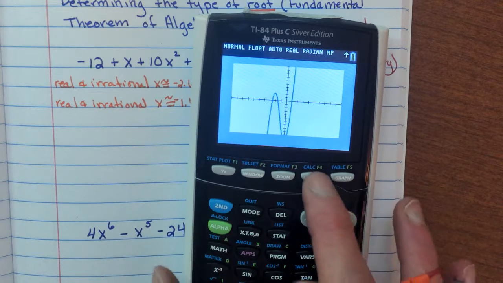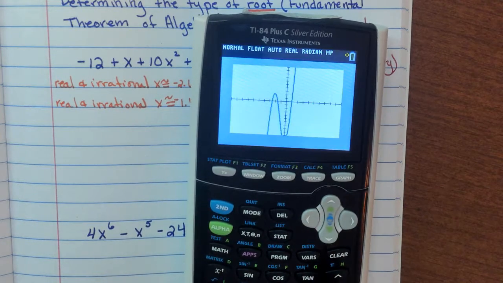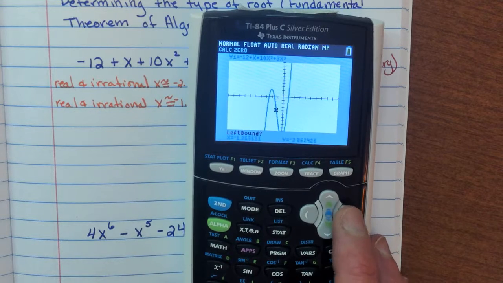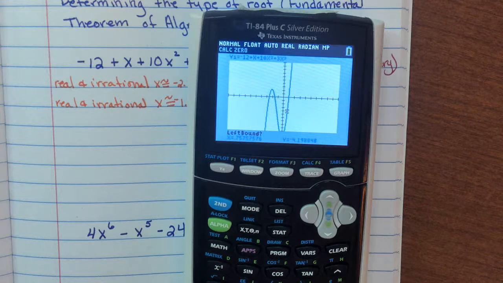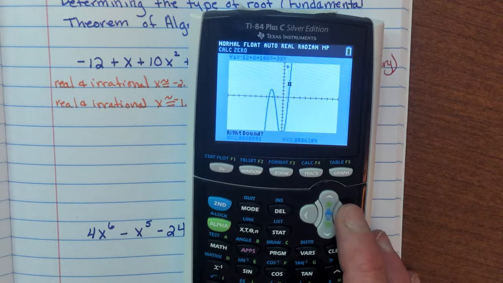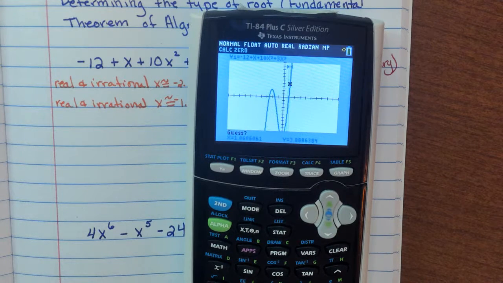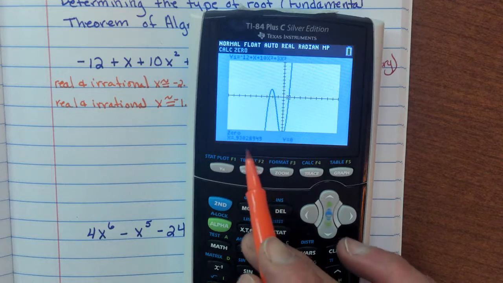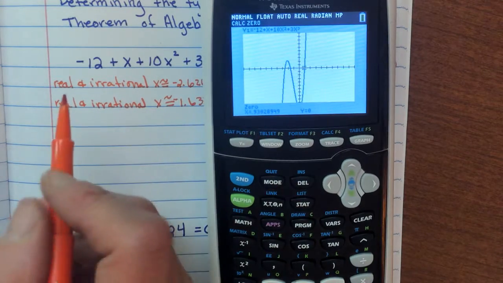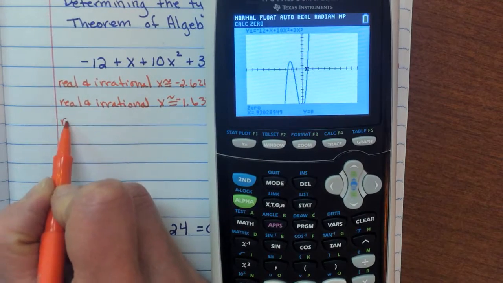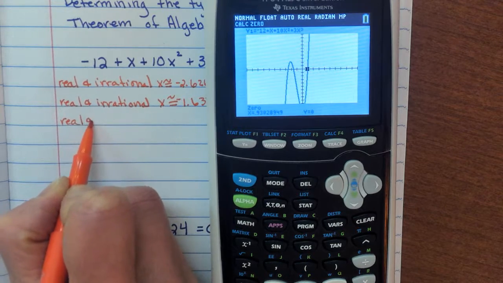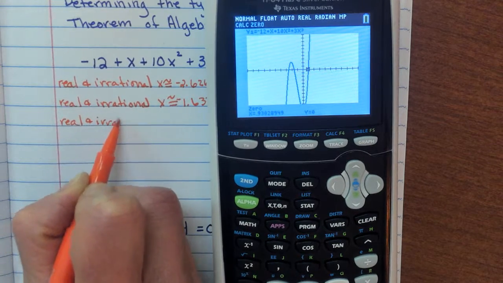Second trace, go to my 0. This is why sometimes looking at your table is helpful. So left and right, and I see this is also irrational. That is not the number 1. So this is also real and irrational.